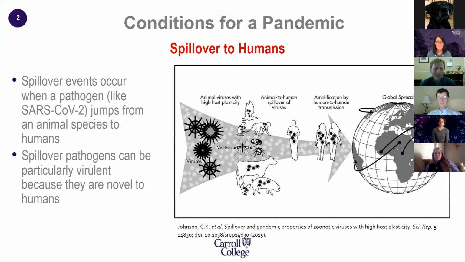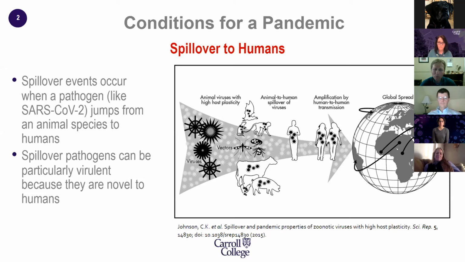And this is because the spillover pathogens are novel pathogens that are being seen by the new reservoir host, humans, for the very first time. And humans in this case have not developed any form of acquired immunity against this particular pathogen. Sometimes these spillover events can occur with a couple of jumps.